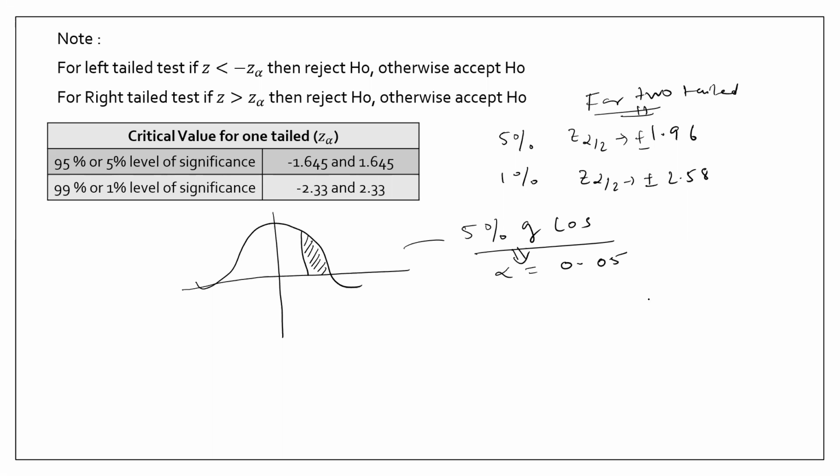Total area under the curve is always 1. You are talking about the right tail; this can be the left tail as well, it doesn't matter. What you have to do is take the total area under the curve, which is 1, and subtract this certain area. So 1 minus alpha. When you do that, 1 minus 0.05, what will you get?